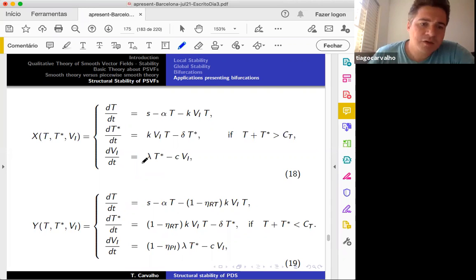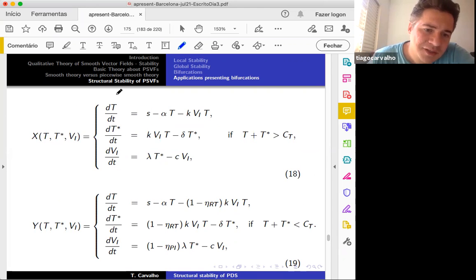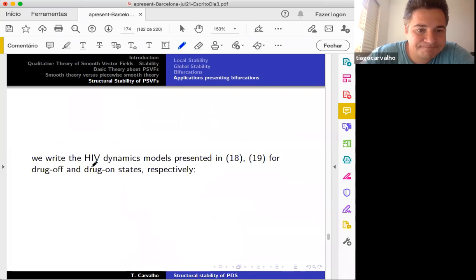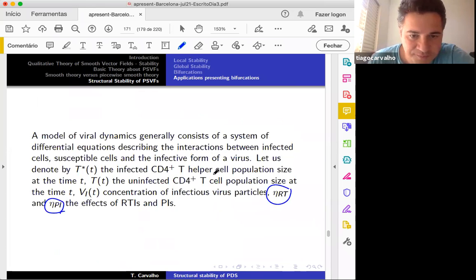Okay, so the letter T corresponds to cells. I wrote this. It's here.